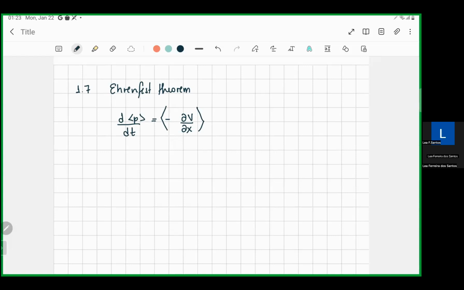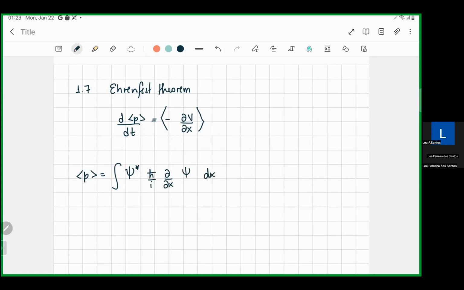Well, we already discussed in class how to compute the expectation value of momentum. Remember how we did it? It was the sandwich of that momentum operator, right? This momentum operator is h bar over i times the derivative in x, which is acting on the wave function.